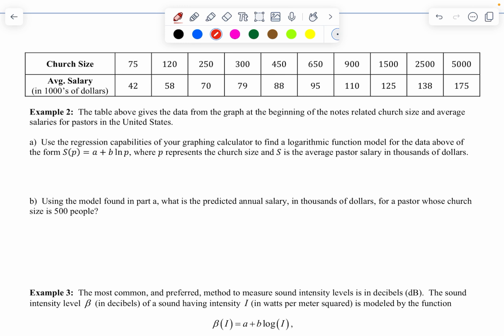From the beginning of notes, related church size and the average salaries. We're going to use the regression capabilities in our graphing calculator to find a logarithmic function model for the data above in this form. S of P equals A plus B ln of P, where P represents the church size and S is the average pastor salary.